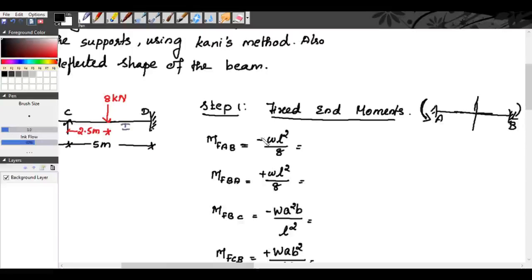That is why the fixed end moment at A, when the far end is B, is negative anti-clockwise, minus WL square by 8. And for M of BA, that is fixed end moment at B, when the far end is A, at B it is clockwise, so positive.